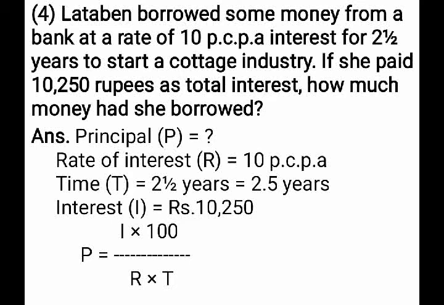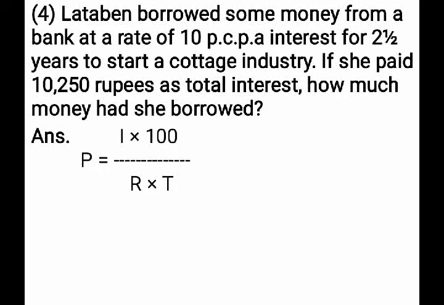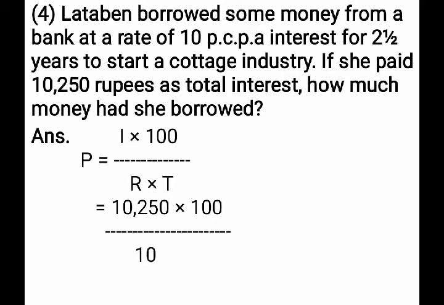Now you have to substitute the values of interest, rate of interest, and time that are given. That is, interest is 10,250 multiplied by 100 upon rate of interest is 10 multiplied by time is 2.5. Now you have to multiply the numerator first. 10,250 ones are 10,250.